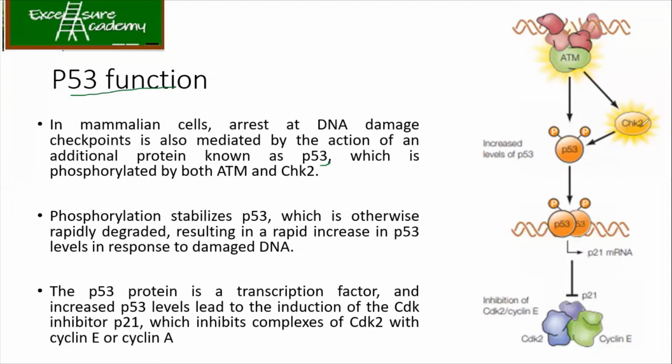CHEK2 क्या करता है आपका? As we have just seen, CDK1 inhibit करता है, ठीक है? So आप G2 phase में रुक जाते हो. Now, in addition to that, CHEK2 and ATM both are going to phosphorylate your p53. Phosphorylating p53 makes it active.